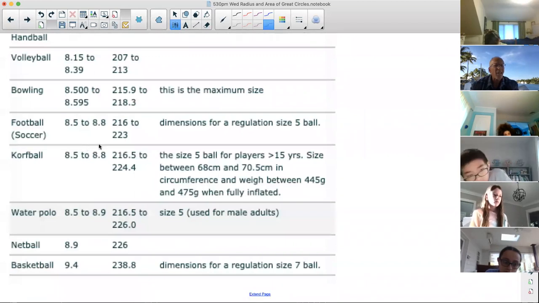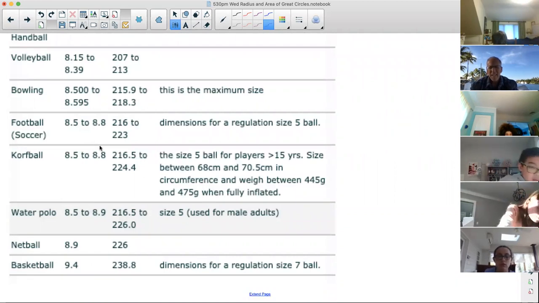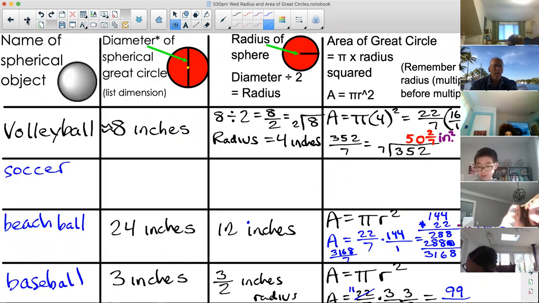And a soccer ball is 8.8 inches. Let's write that out. A soccer ball is 8.8. And we're going to do this.